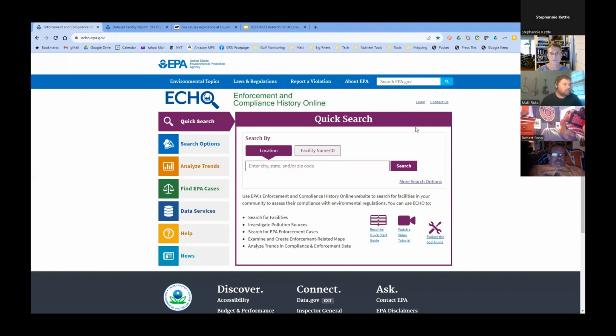And ECHO stands for Enforcement and Compliance History Online, and the H is really important when we're looking at this, because this is taking a look at what has happened in the past and the history of different facilities, different watersheds. So if you want up-to-date information, this is not the place that you're probably going to want to go.